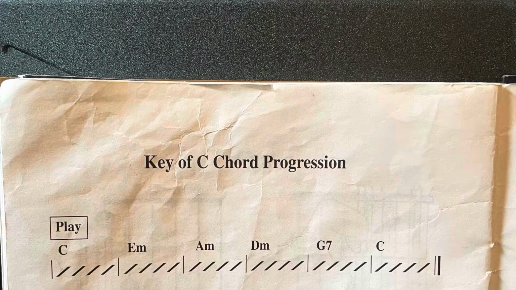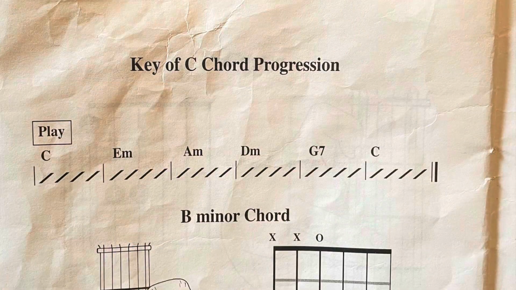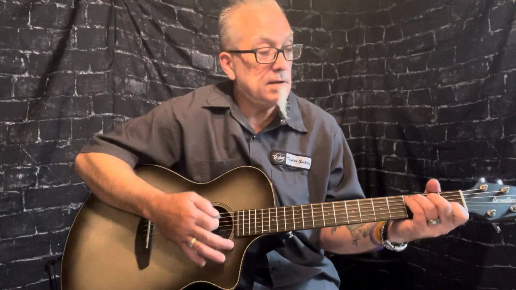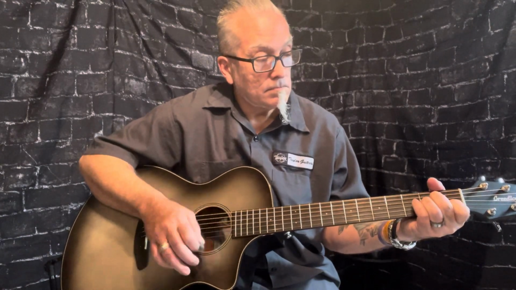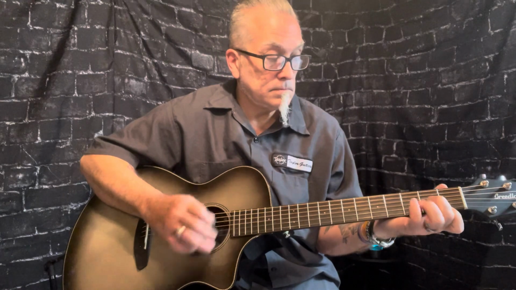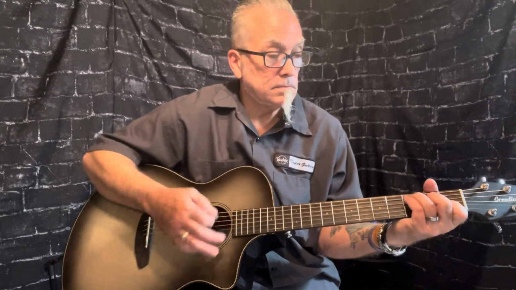But using another exercise to kind of illustrate what happened in the first exercise, let's play this chord progression in the key of C. Starting with C. And again, let's just not play that G7.